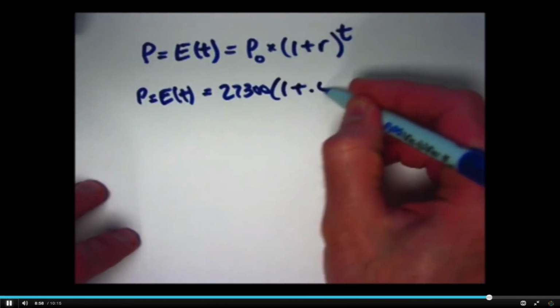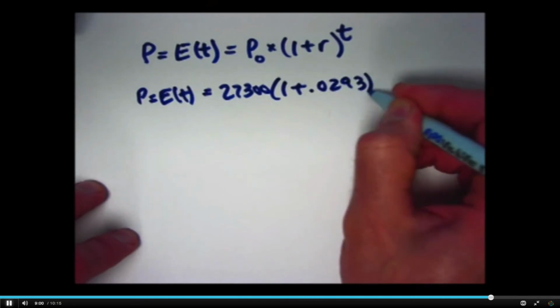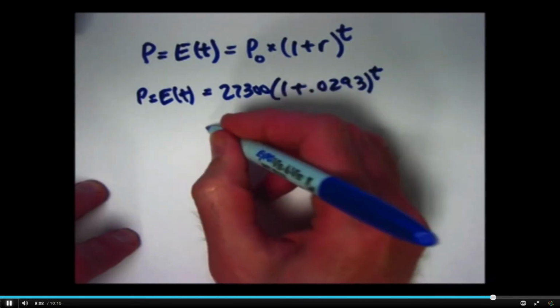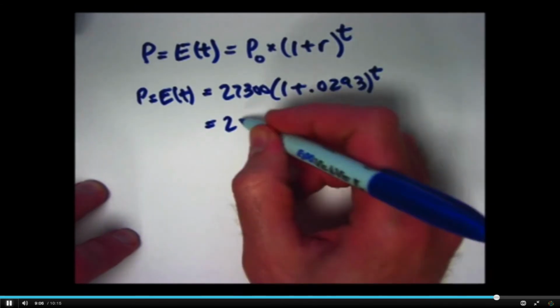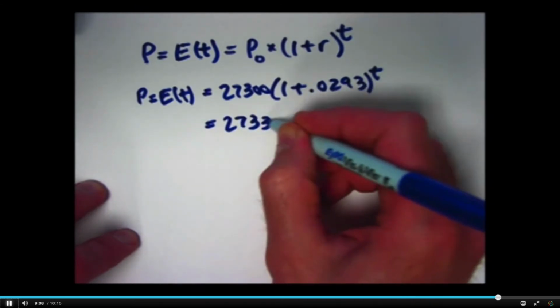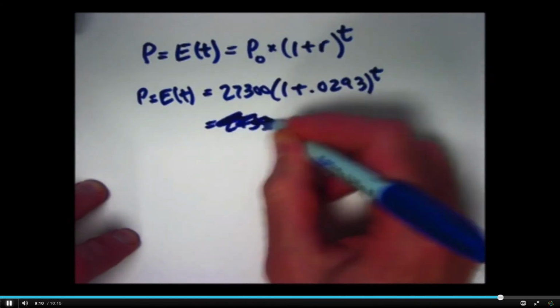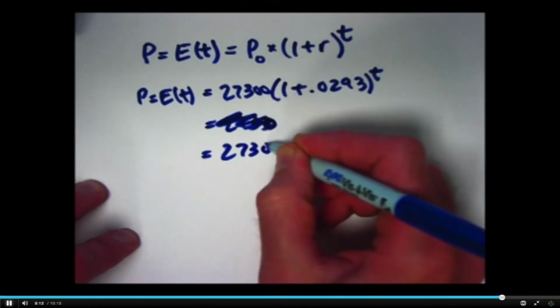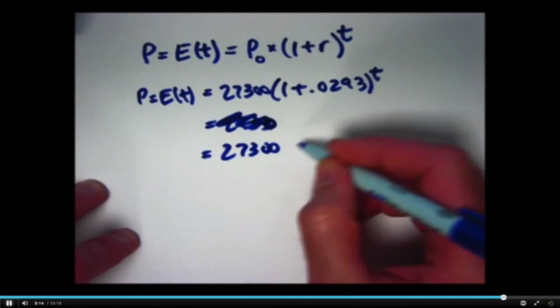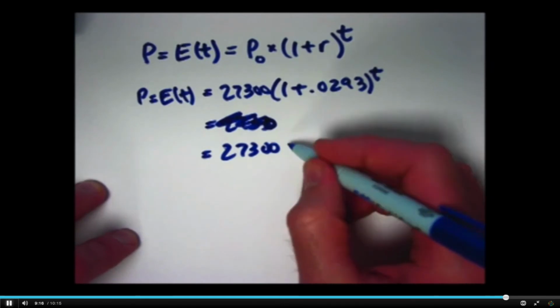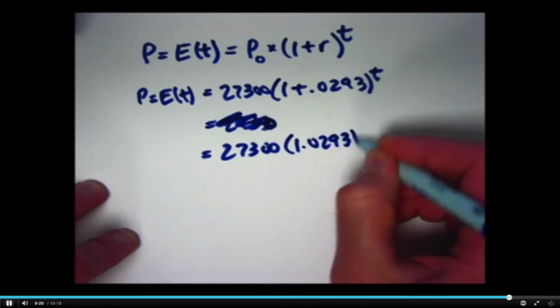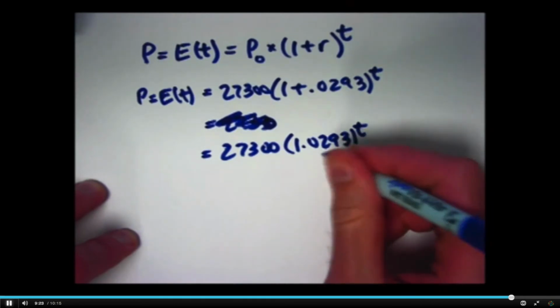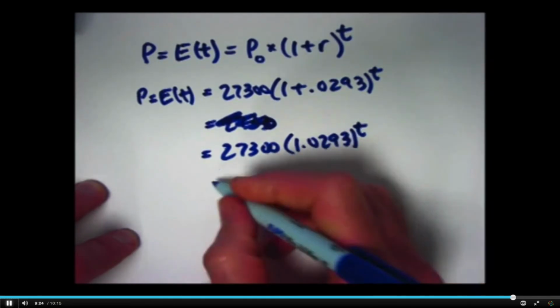1 plus 0.0293 to the t. Go ahead and take 1 plus 0.0293. That'll be 1.0293. You could put parentheses here if you want to really emphasize to yourself that it's that number being raised to the t power.